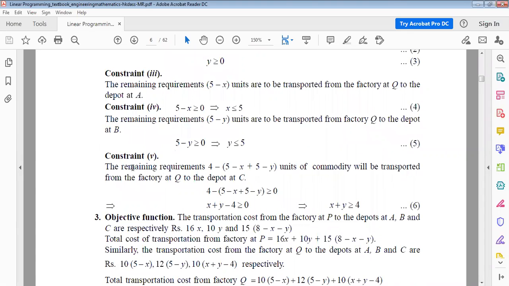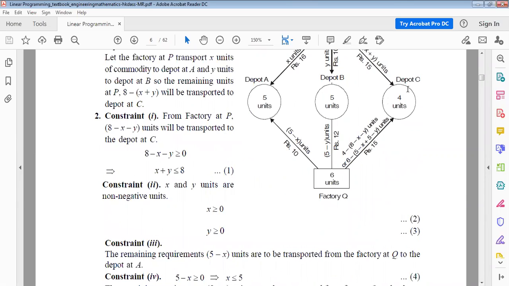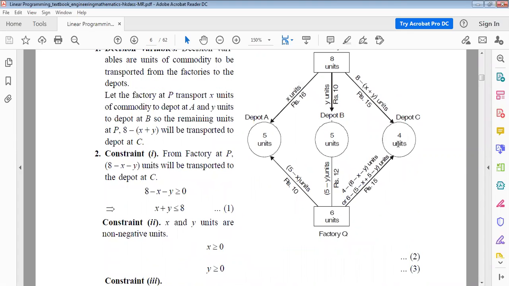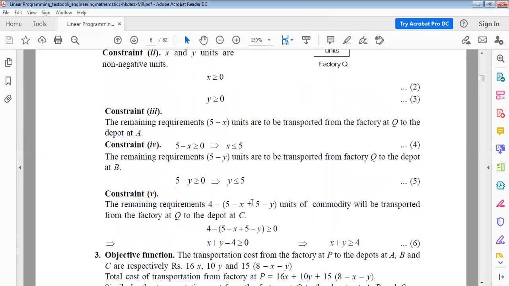So another constraint, constraint 5, the remaining requirement. That means in C, how many units are needed here? 8 minus X minus Y units come from factory P, and the remaining, 4 minus this whole, will be transported from Q to the C depot, and this must be non-negative.